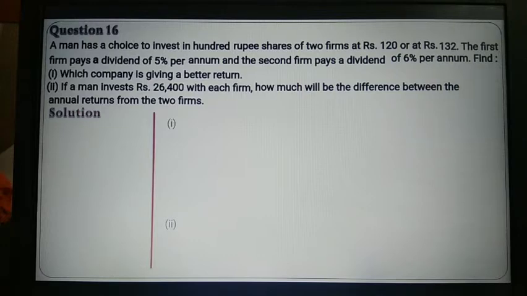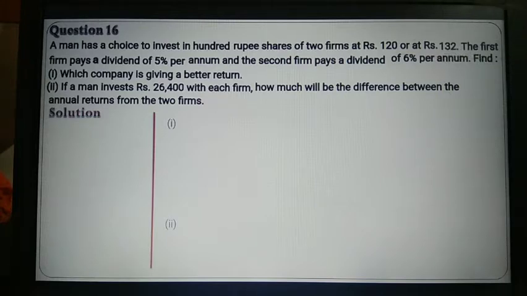So a man has two choices of investing in rupees 100 shares. The nominal value is rupees 100, and the market value is 120 in the first firm and 132 in the other.